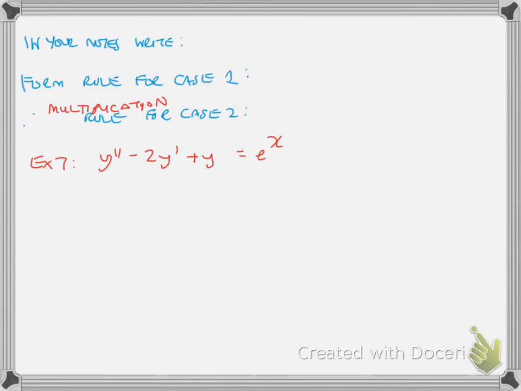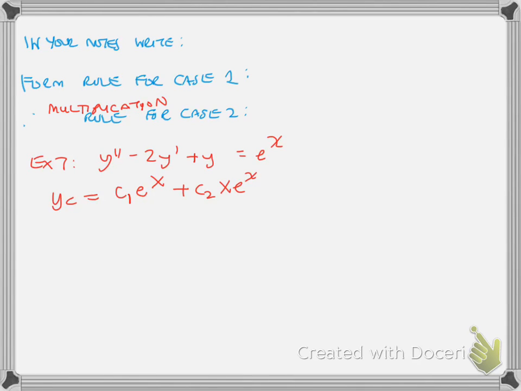This is an example, and they gave you the complementary solution. Normally, as long as there's no e to the x in your complementary solution, your particular solution would just be A e to the x. But in fact, your complementary solution is c1 e to the x plus c2 x e to the x.